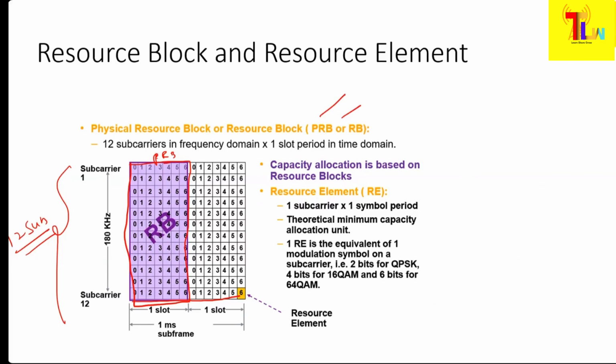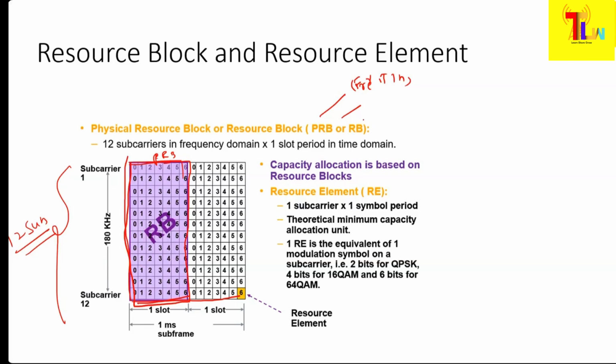But as a definition, PRB is a bounded unit of frequency and time. Whenever we say PRB, we are talking about the bounded structure of frequency and time: 1 slot in the time domain and 12 subcarriers in the frequency domain is one resource block, one PRB.